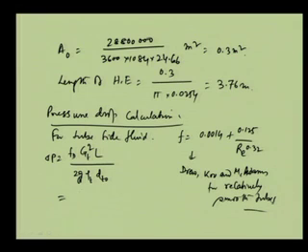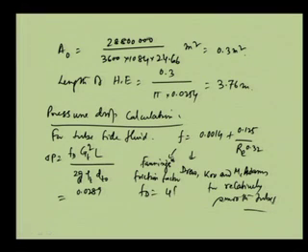Then if we put all the values, we get 0.0289, that you can calculate from here. FD, Darcy's friction factor, is 4 into F, Fanning's friction factor.